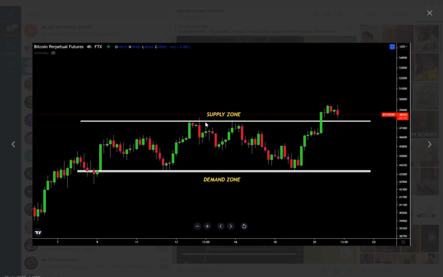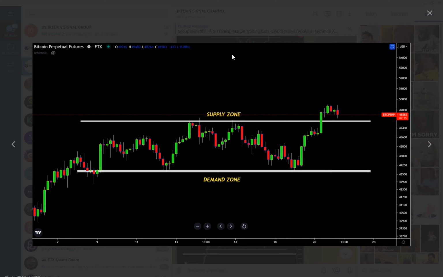So we have that here. This is the resistance, and we'll have this breakout above the resistance. Now price will likely hold within this level of previous resistance, which is now future support.